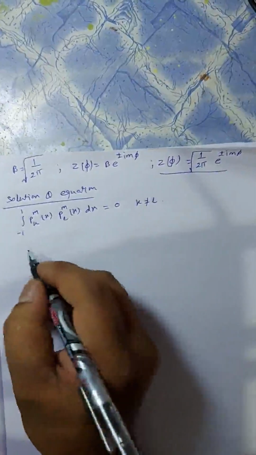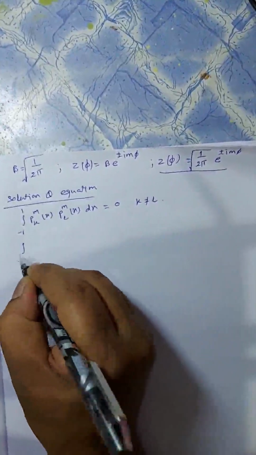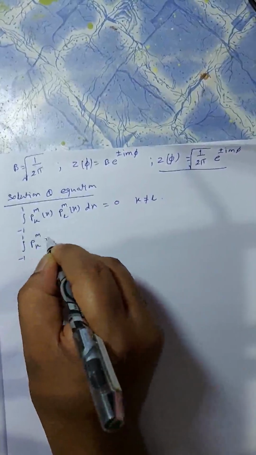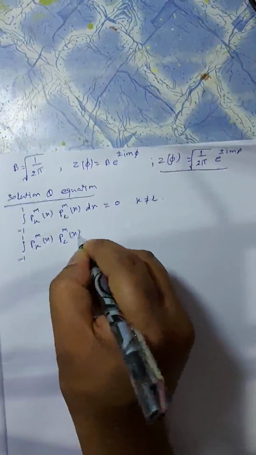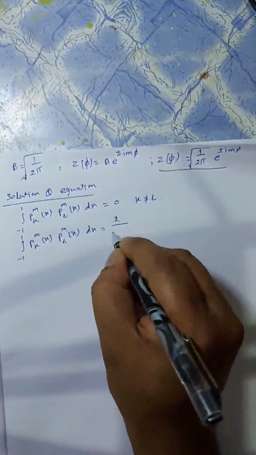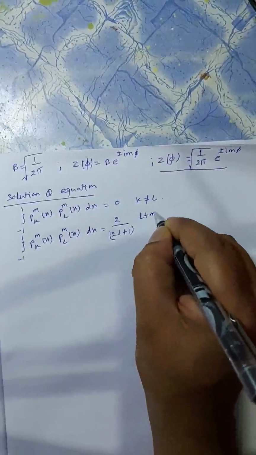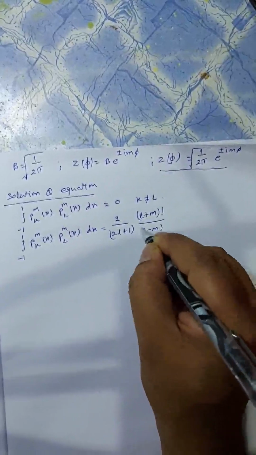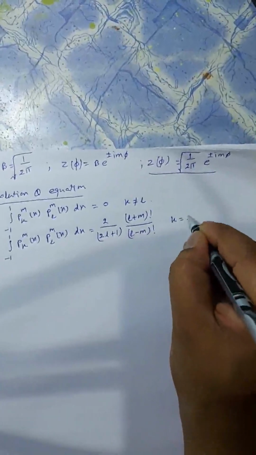Then another equation is when k is equal to l: the integral from minus 1 to 1 of P_k^m(x) P_l^m(x) dx is equal to 2 divided by (2l plus 1), times (l plus m) factorial divided by (l minus m) factorial, when k is equal to l.